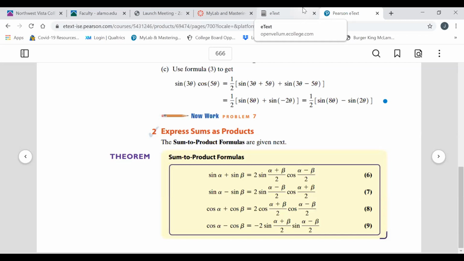Okay, so I have sine alpha plus sine beta equals 2 sine, and I'm going to put parentheses surrounding the alpha plus beta divided by 2. It's easier if you do it like that. I'll show you in a minute. So I'm enclosing the alpha plus beta and the alpha minus beta over 2 in parentheses to make it less confusing.